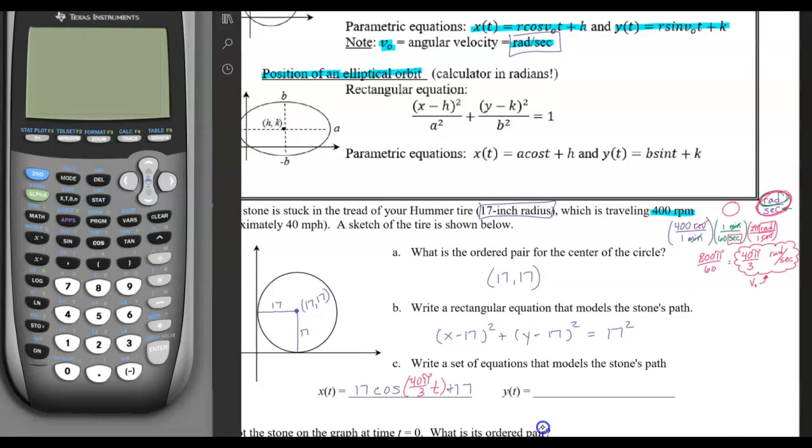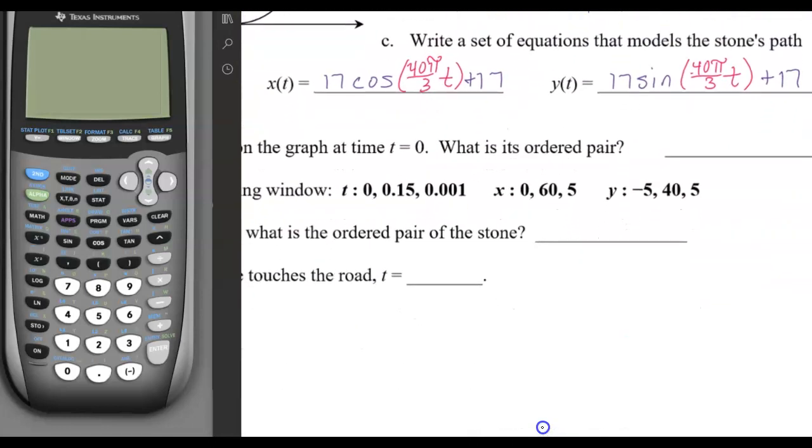Then we do the same thing for our y parametric. Our radius is 17. This time times sine of our velocity, which is 40 pi over 3 times time, plus our k value, which is also 17. So those are our 2 parametric equations.